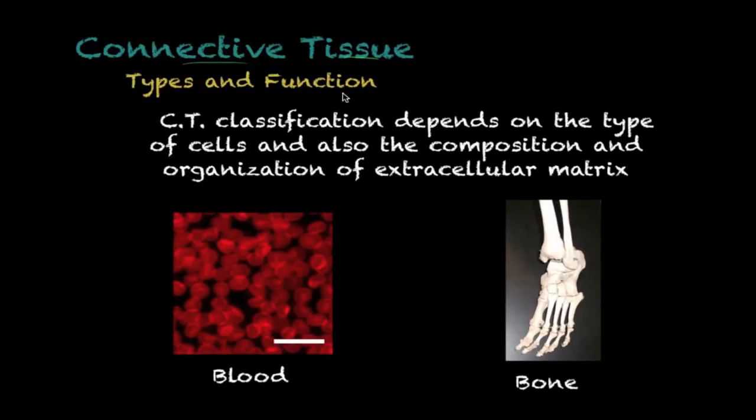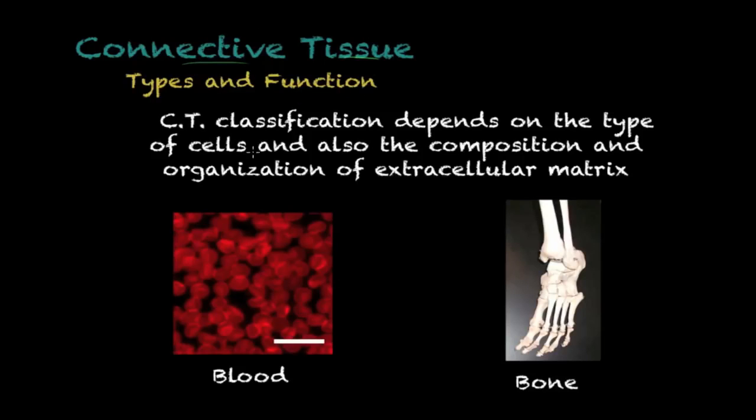Every time I talk about connective tissue, I talk about the tissue in your body that functions to provide structure, or even is used to bind other types of tissues together. But what I want to do here is tell you the way you subclassify this type of tissue.